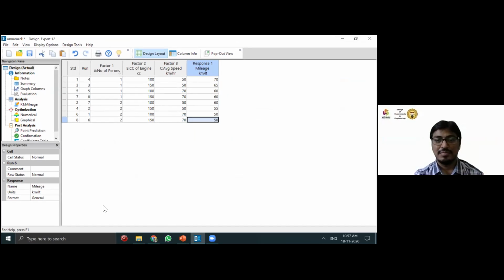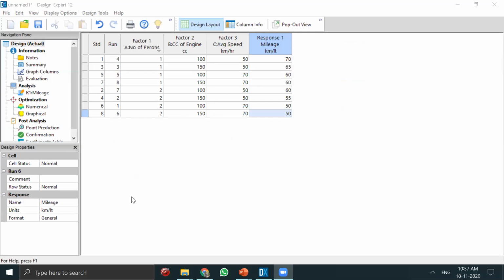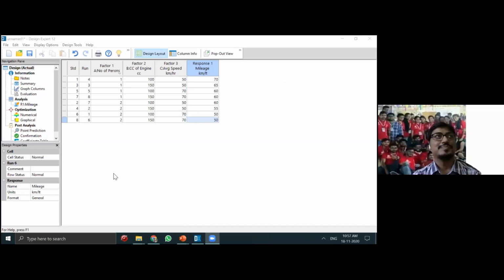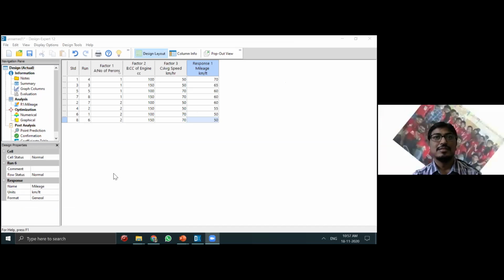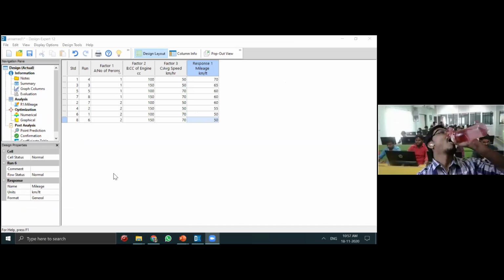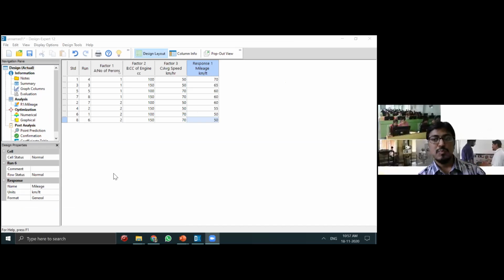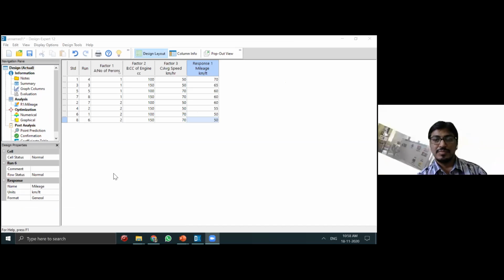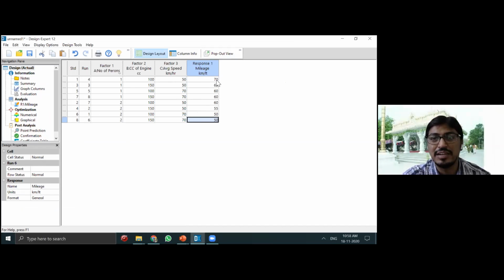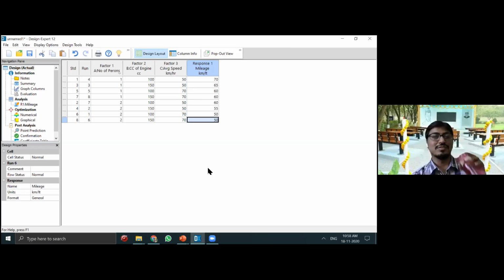Or please verify the data also. Please cross verify the mileage, because if you have entered the wrong data in one of the columns, the output will be different for us.